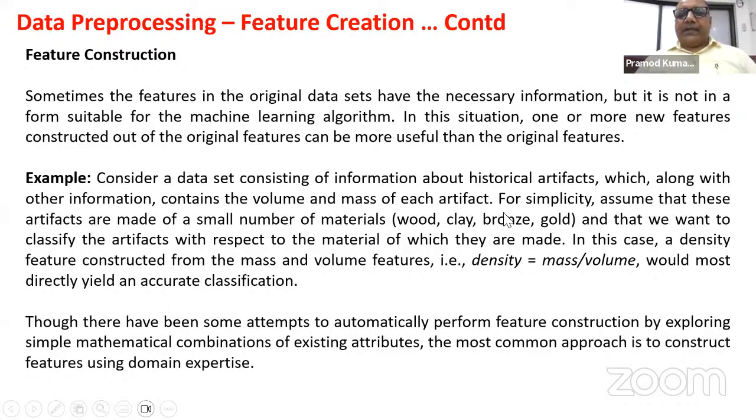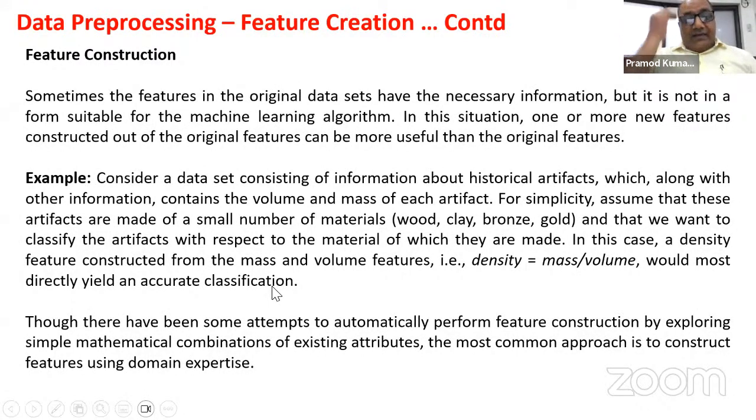For simplicity, assume that these artifacts are made of a small number of materials, for example, wood, clay, bronze, and gold, and that we want to classify the artifacts with respect to the material by which they are made. In this case, a density feature constructed from the mass and the volume features, meaning density is equal to mass by volume, would most directly yield an accurate classification.